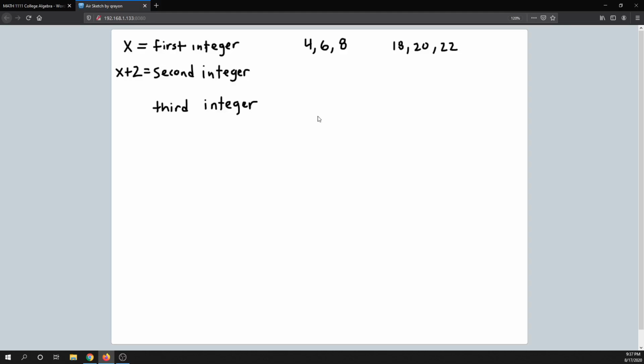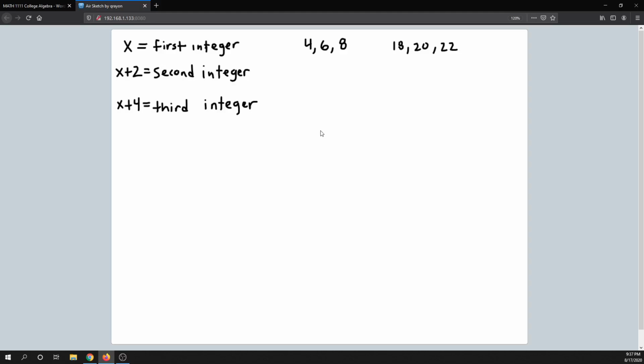Looking at the third one, you can probably see the pattern. It's going to be 2 more than the second one, or 4 more than the first one. So 4 plus 4 is 8, 18 plus 4 is 22. So the third one, I need to write that in terms of x, so that would be x plus 4.